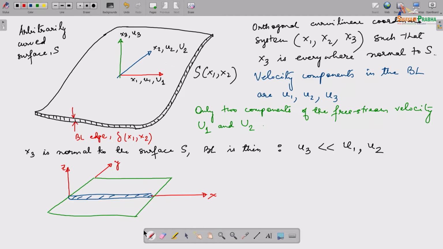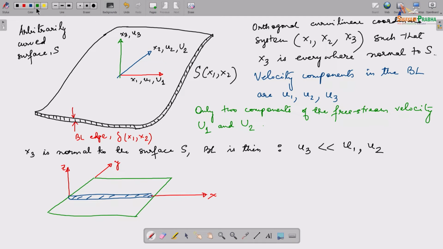In that case, what we are saying is that the thickness of the boundary layer in the z direction, compared to the y and the x direction, is much smaller.